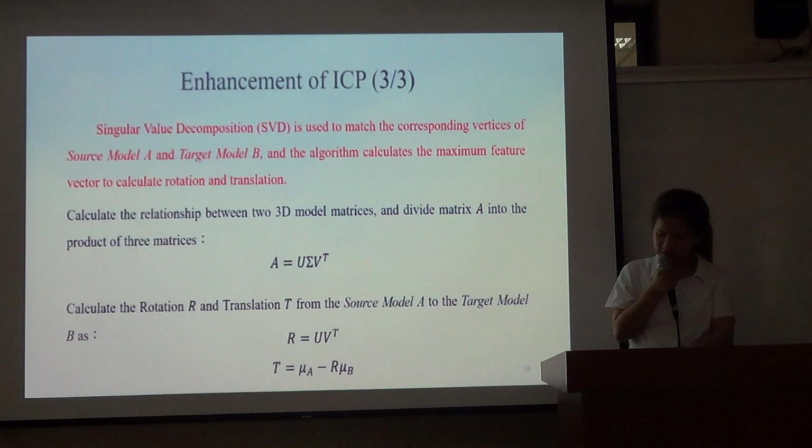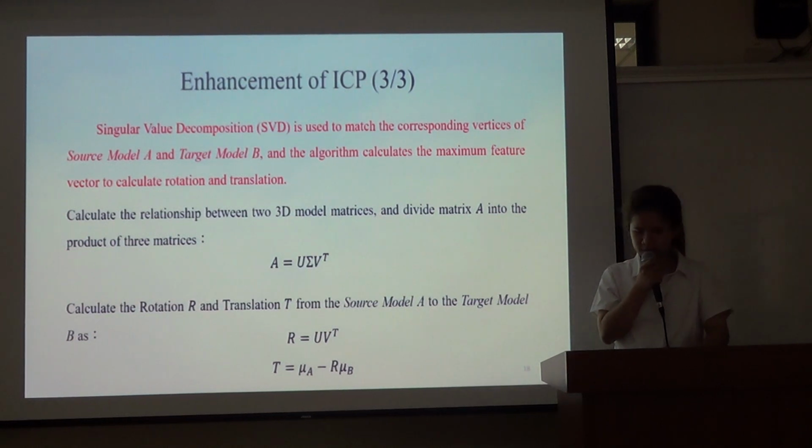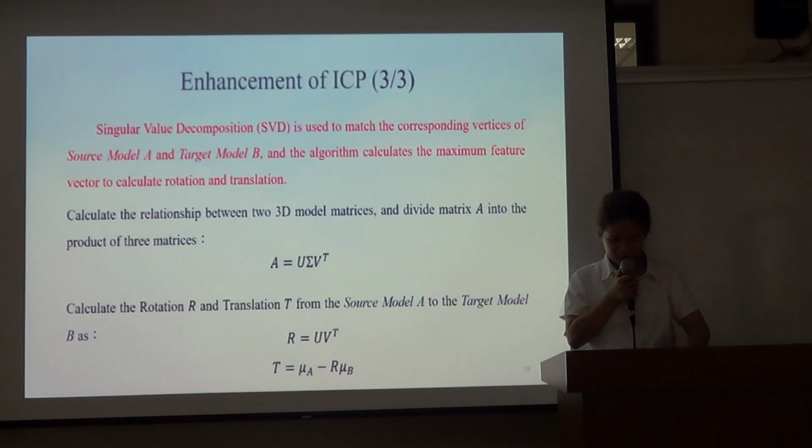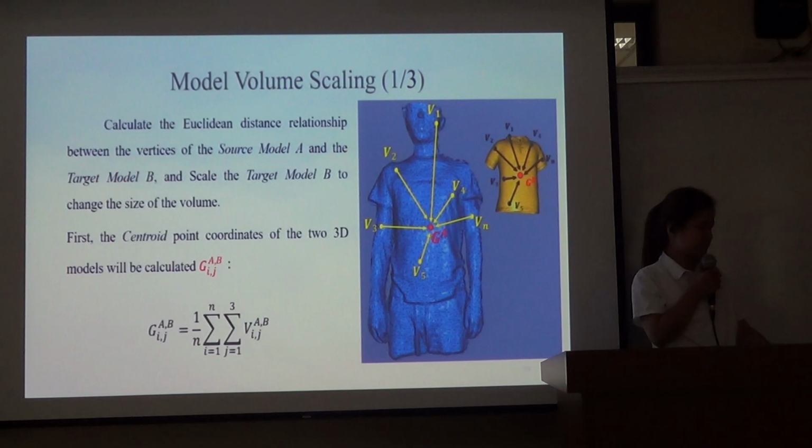Use SVD to calculate the relationship between the two 3D model matches and calculate the rotation and the translation from the source model A to the target model B.